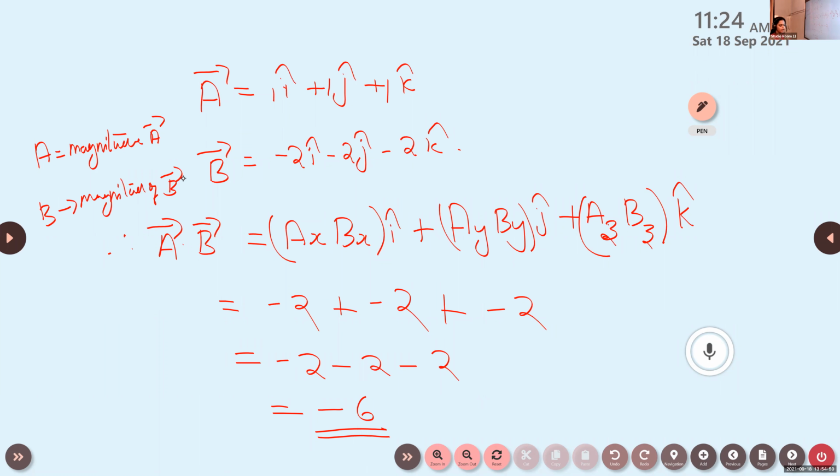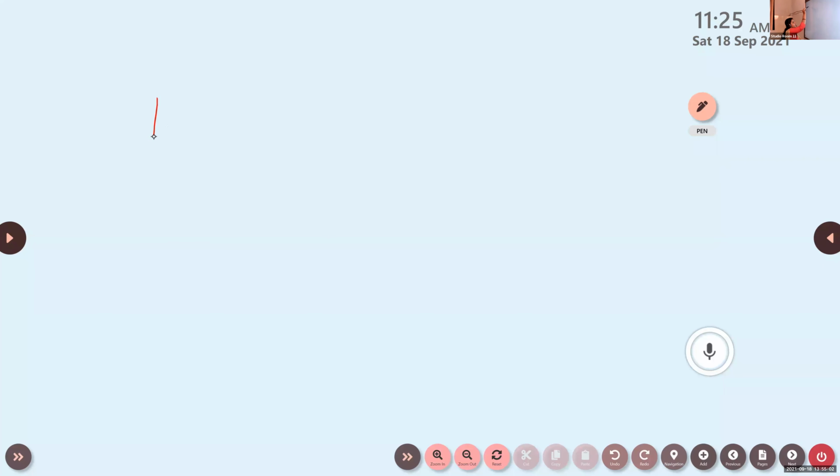How can we find the magnitude? Root ax square plus ay square. Yes, very good. If we find the magnitude of vector A, the general equation is square root of ax square plus ay square plus az square.